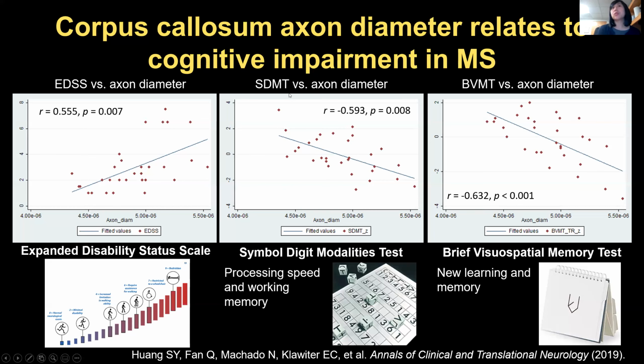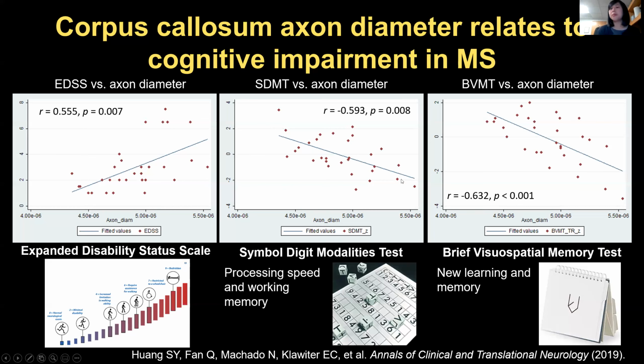We looked at the correlation of these axonal imaging measures with specific measures of processing speed and working memory, the symbol digit modalities test, as well as new learning and memory, the brief visuospatial memory test. Both of these tests, of note, rely on interhemispheric connectivity across the corpus callosum. And what we saw was that overall there is a significant correlation, with poor performance on these cognitive measures with increasing axon diameter.